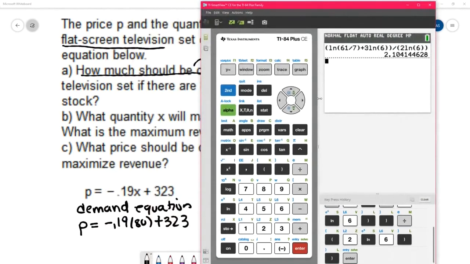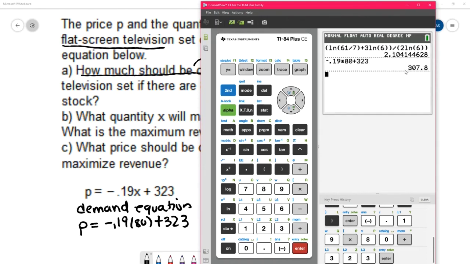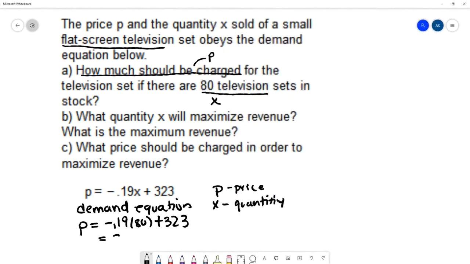We have negative 0.19 times 80 plus 323, and that gives us our price of $307.80. So, if there are 80 television sets in stock, we're going to set a price of $307.80.